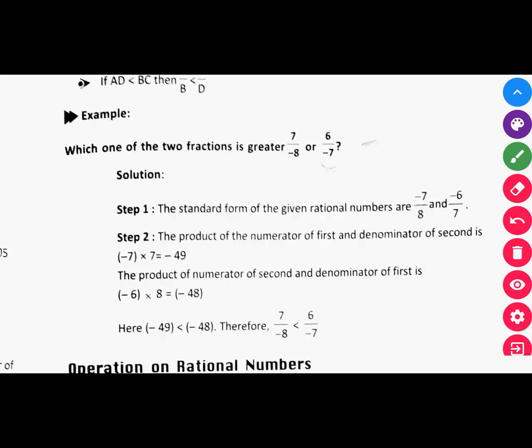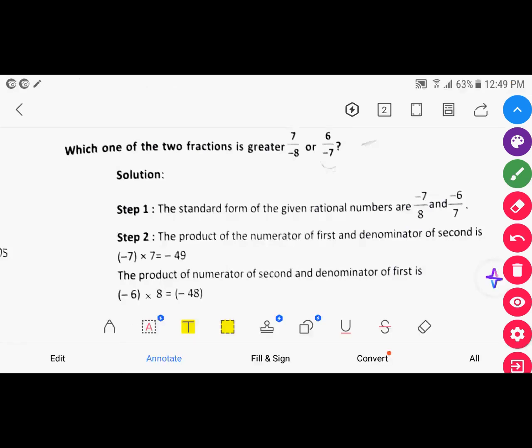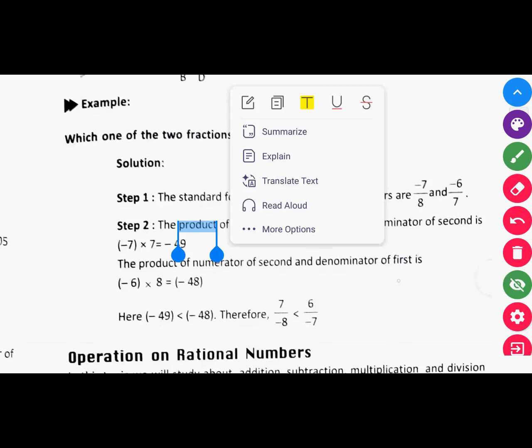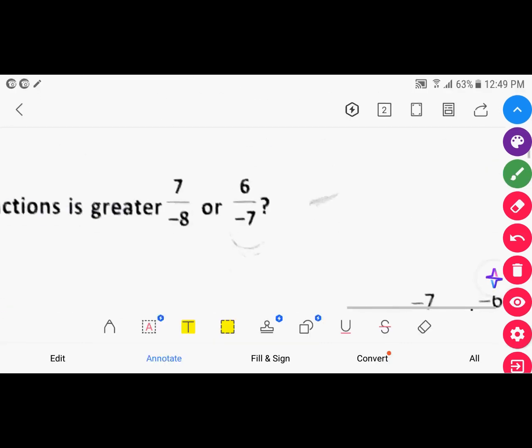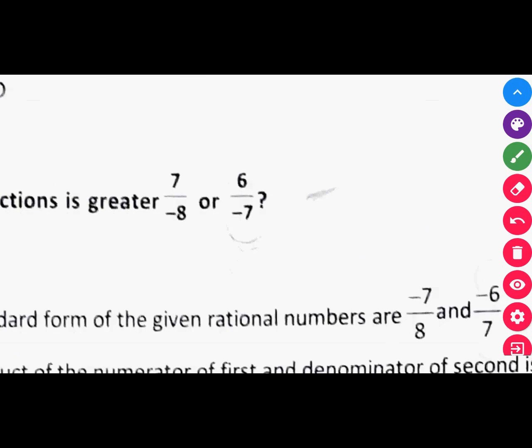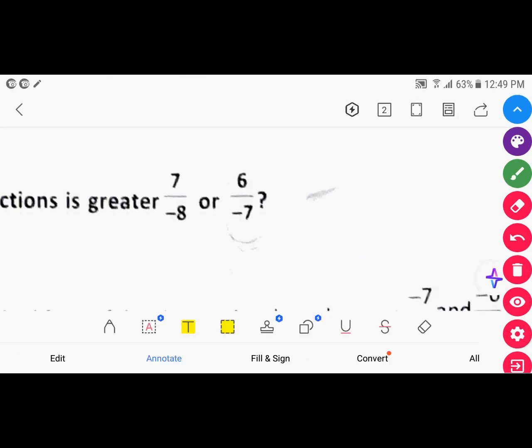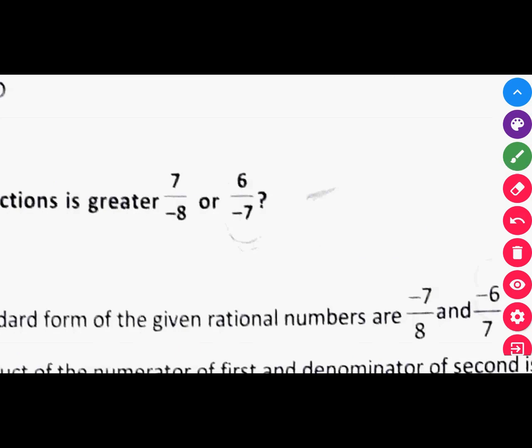Okay. Now which one of the two fractions is greater? So here again we have to compare between only two numbers. See, we don't have so many numbers, 3, 4, something like that. So we don't need to find LCM of both the numbers.